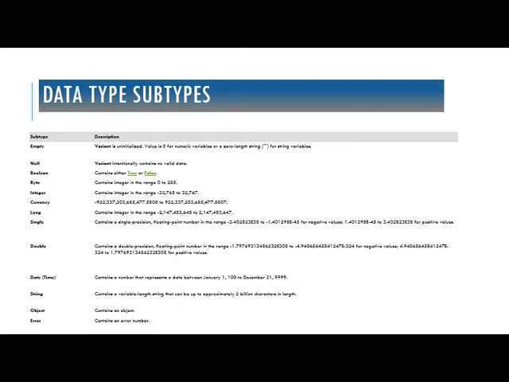Remember, by default variant needs to be converted into subtypes. Directly you cannot make the variable a string or a boolean. First it has to be variant and then it has to be converted into a subtype. Okay, you got that till here? Okay, fine.